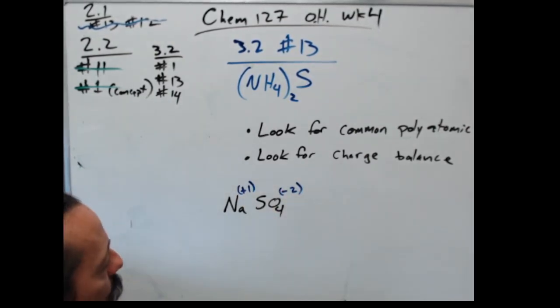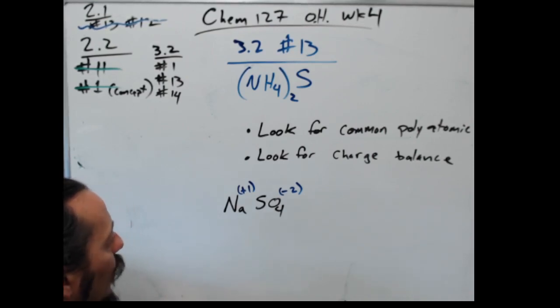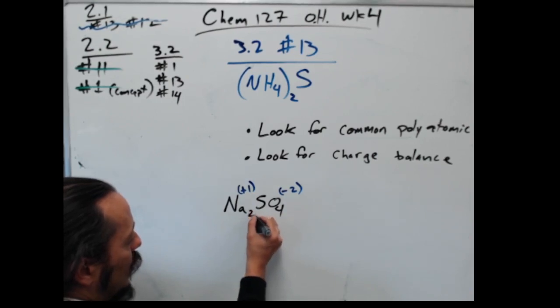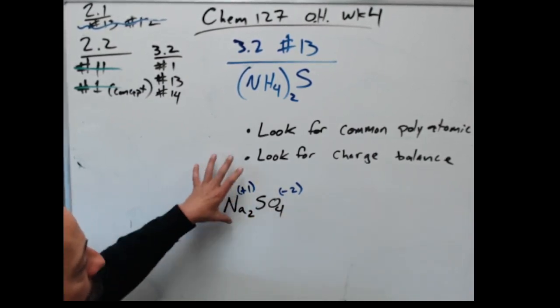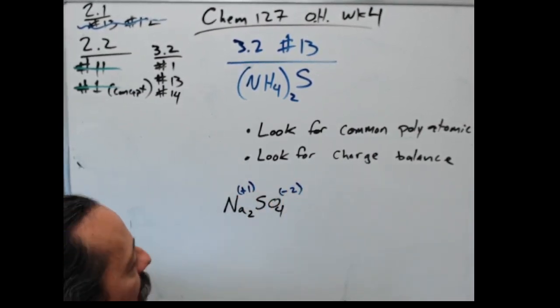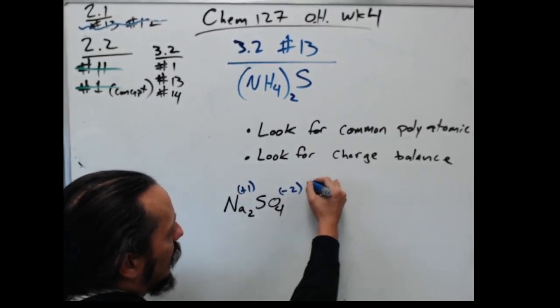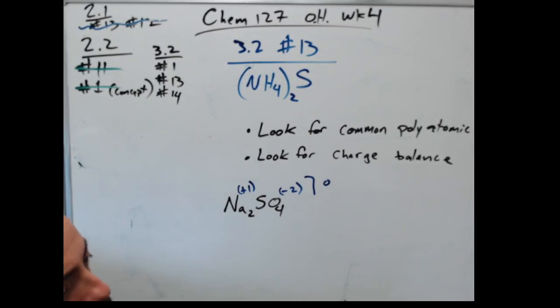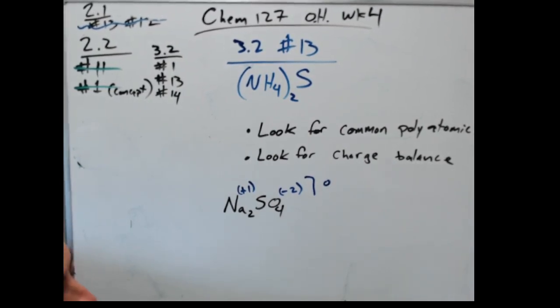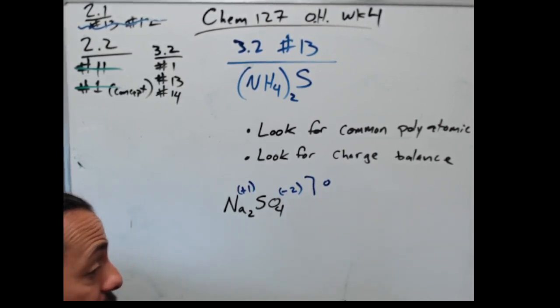So if I had a +1 with a -2, I wouldn't be charge balanced. I'd have negative charge left over. The only way to fix that is if I have 2 sodiums. Now I've got 2 +1s balancing out that -2. My overall charge is going to be 0 overall. And so that's what I mean when I say charge balanced: the fact that my cation charge and my anion charge add up to a total charge of 0.